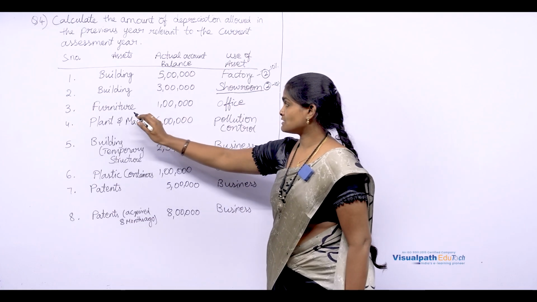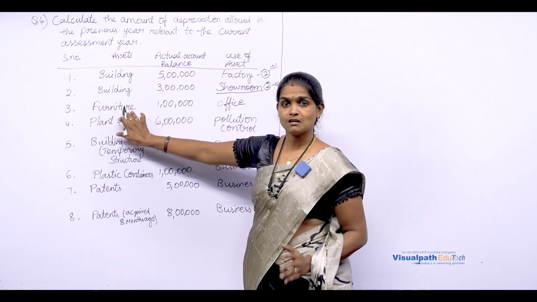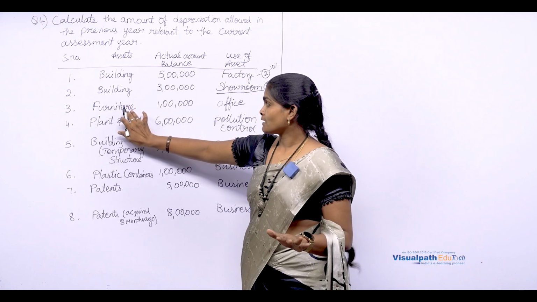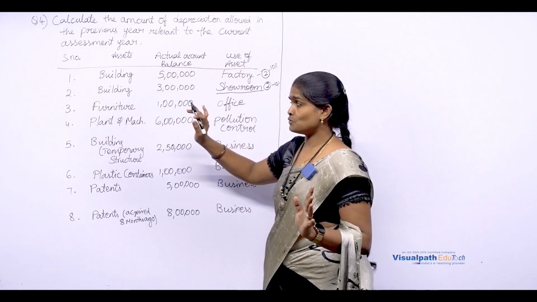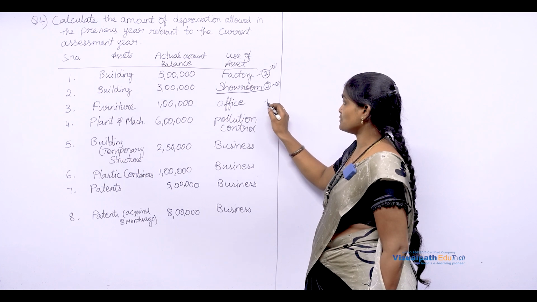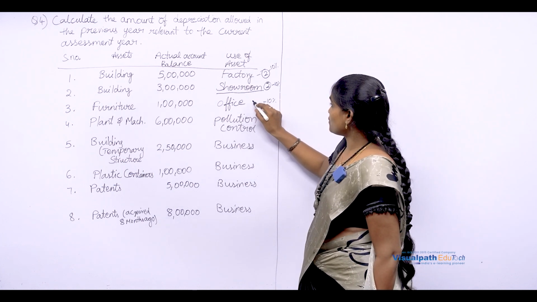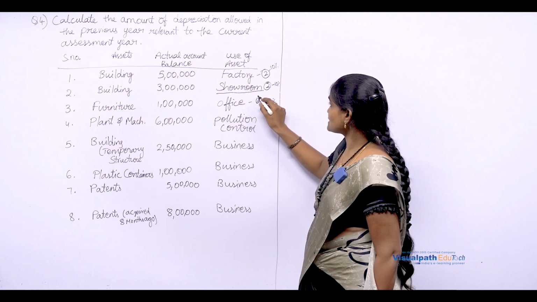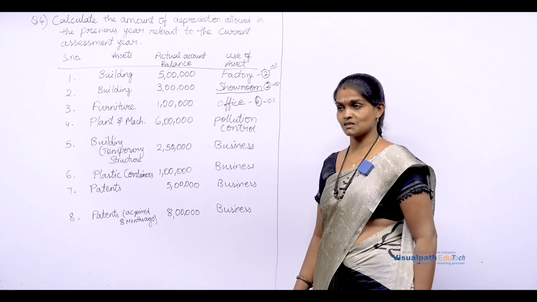Clear? Next comes furniture. Furniture and fittings will come under one block only. There is only one block, whose rate of depreciation is 10%. This comes under block number 6, with 10% depreciation.